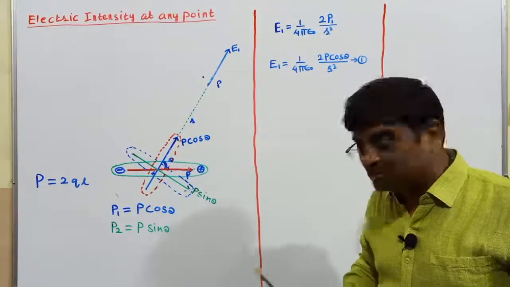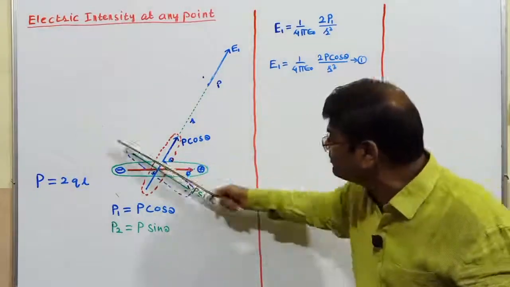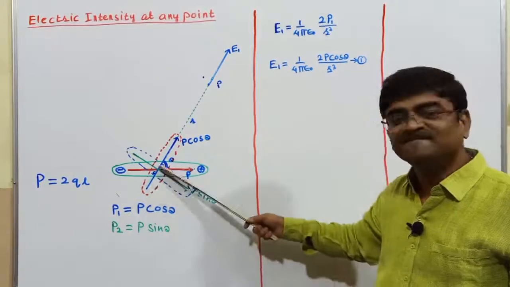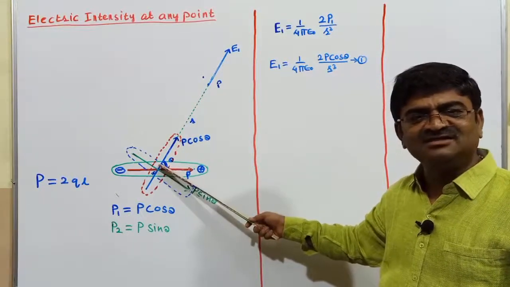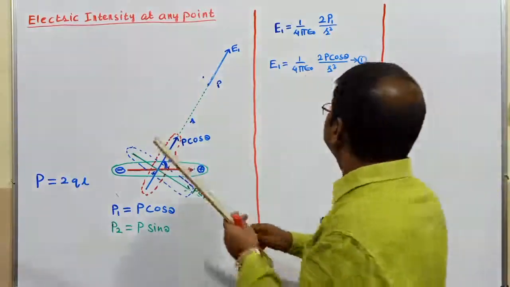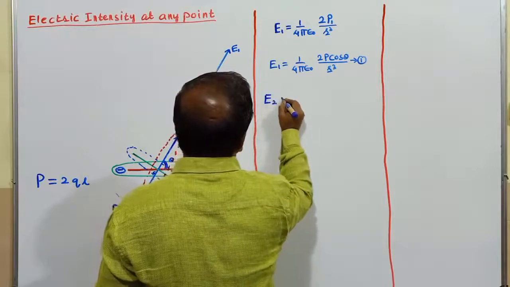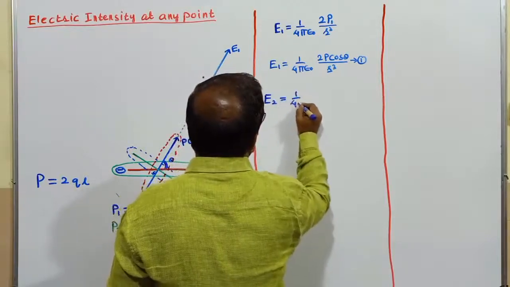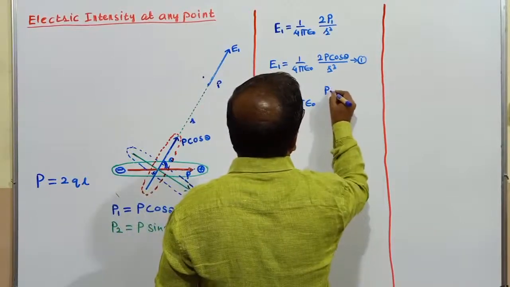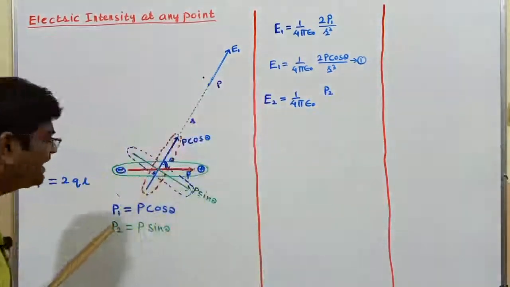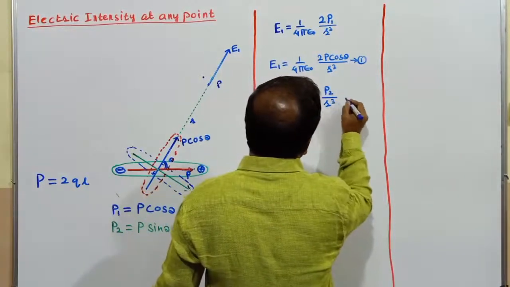At the same time, now magnitude and direction of the second dipole I could show. I was talking about P being on the equatorial line of the second dipole. Then we know how to work out electric intensity on the equatorial line, and that contribution I write E2 equals 1 upon 4 pi epsilon 0, P2, second dipole P2, divided by R cube, short dipole I am writing.